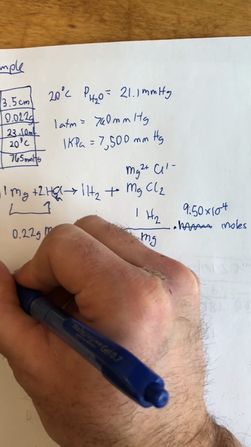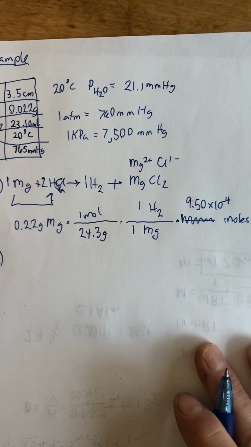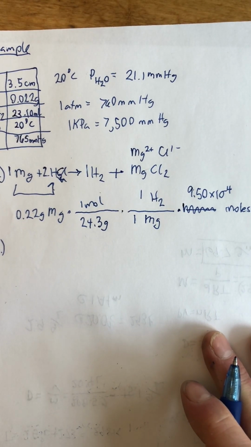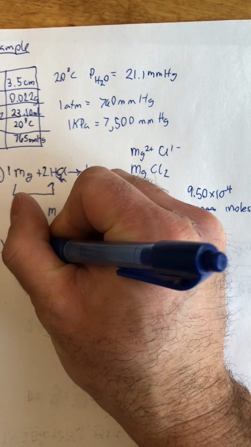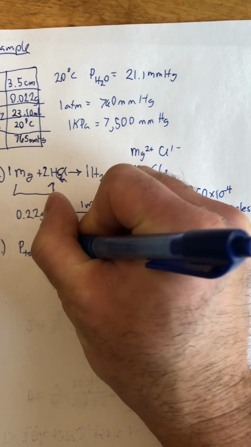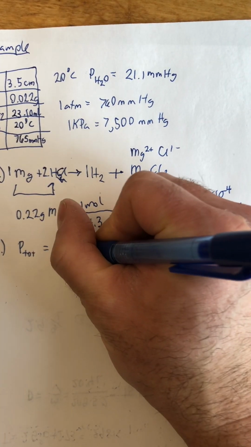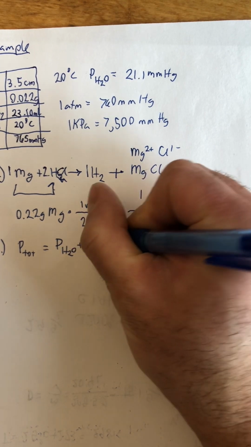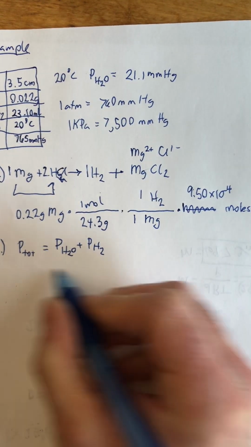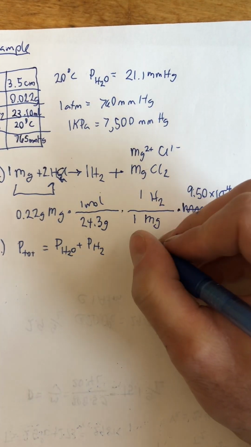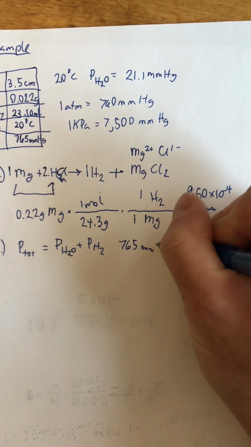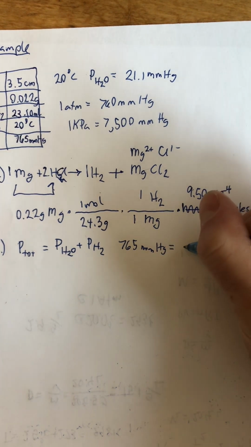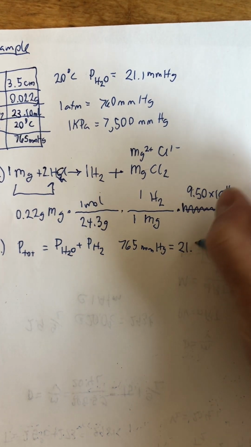All right, in B, we use the partial pressure to figure out the pressure of just the hydrogen. The way that works is you take your total atmospheric pressure, or P total, and you compare that to the pressure of the water and the pressure of the hydrogen, because all those should add up to be the 765 millimeters of mercury. And we know that the water is 21.1.